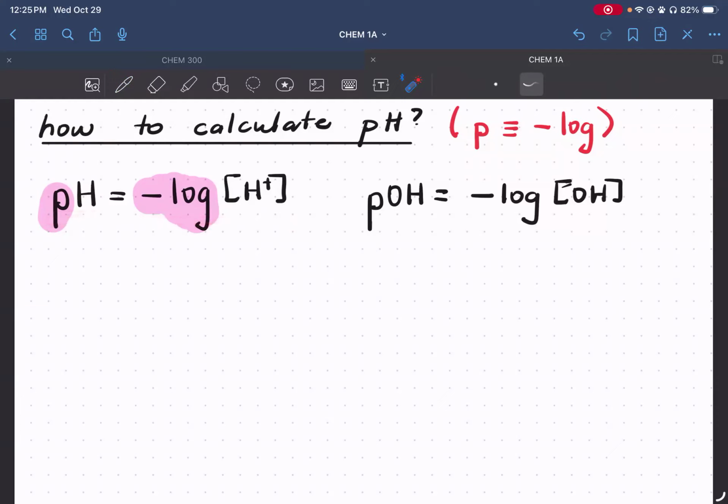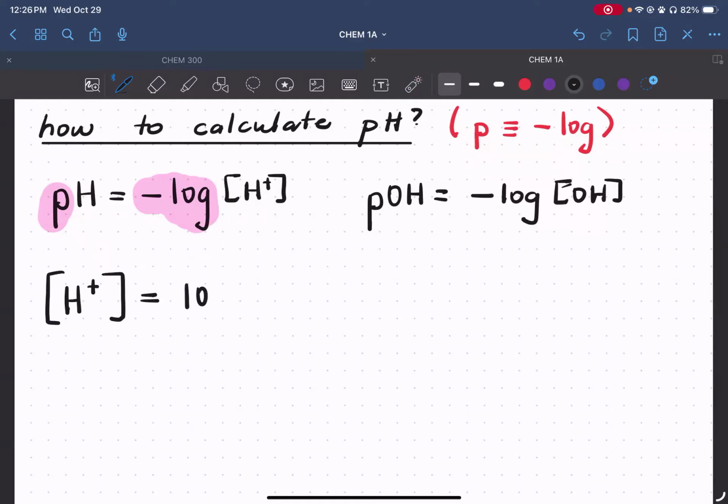Since we now know how to go from H plus to pH, it becomes important to know the opposite. In other words, how do we get H plus from pH? H plus is equal to 10 to the negative pH. Where does this 10 come from? Well, it is quite literally the opposite of log.